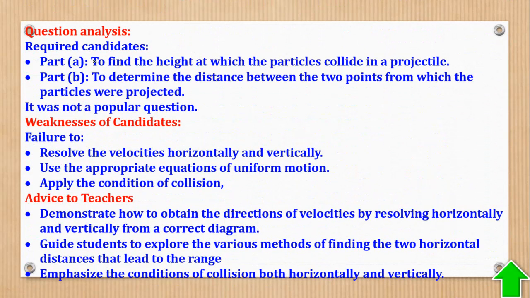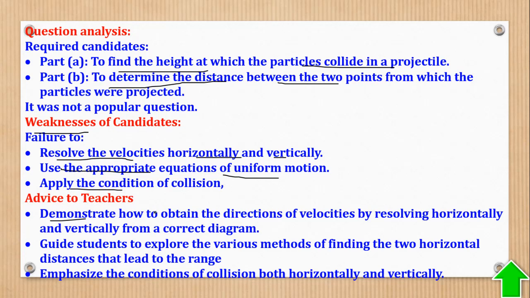So the question in part A required candidates to find the height at which the particles collide, and part B, determine the distance between the 2 points. So the weakness was failure to resolve the velocities horizontally and vertically, and also to use appropriate equations of uniform motion and apply the condition of collision.